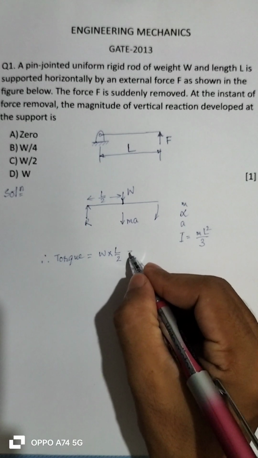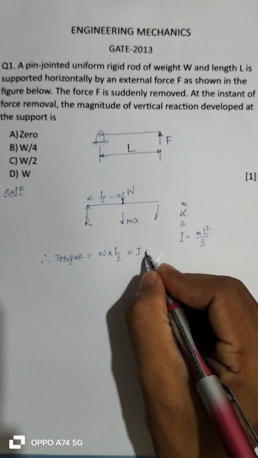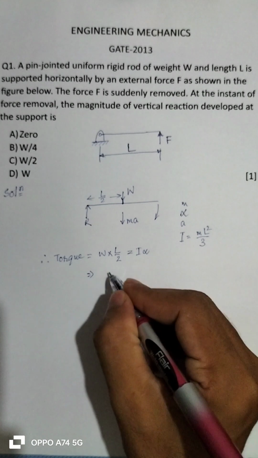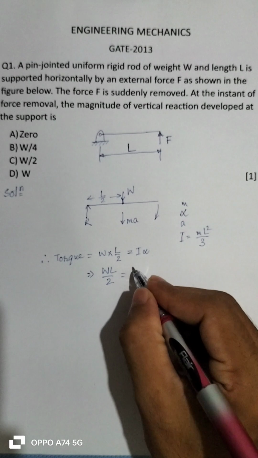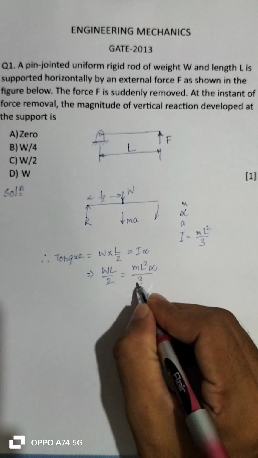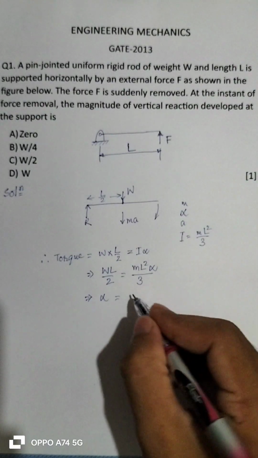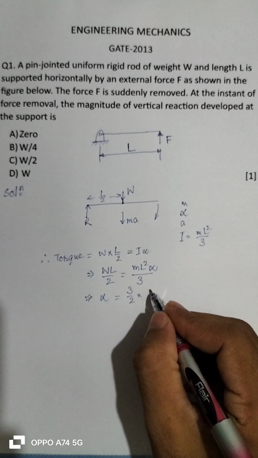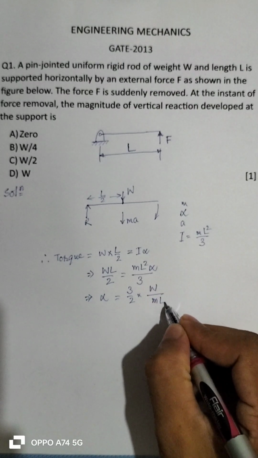Again we know that torque is equal to I into alpha, so this implies WL by 2 is equal to ML square alpha by 3. So from here alpha is equal to 3 by 2 into W by M into L.